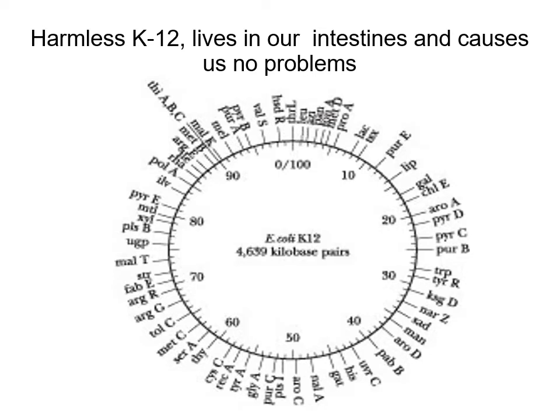Okay, so here's a representation of a harmless E. coli K-12, which lives in our intestines and causes us no problems. So notice that the map is a circle. It goes from 0 to 100 in minutes. And that some of the genes are indicated by way of a sort of genetic map, similar to what we've seen in eukaryotes.